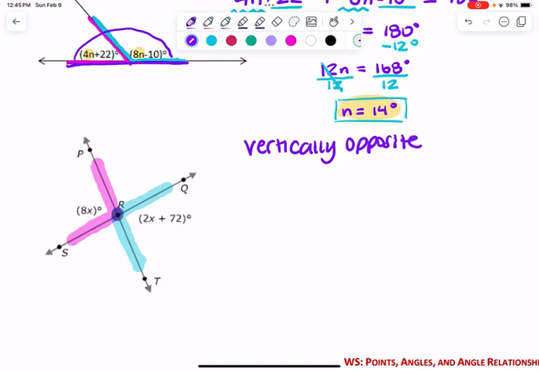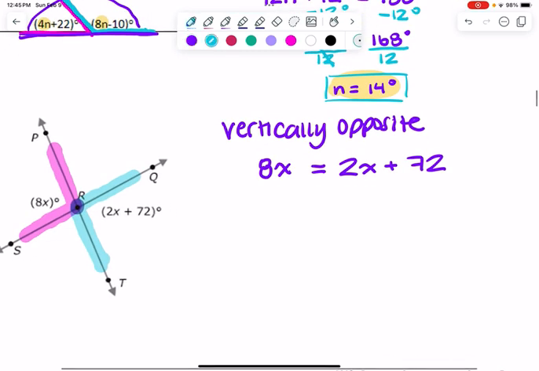And I know that vertically opposite angles are congruent, which means the angle measures of those two angles will be equal. So I can set 8x equal to the other angle, which is 2x plus 72. Right? If those two angles are equal in size, I can set up an equation to make them equal.